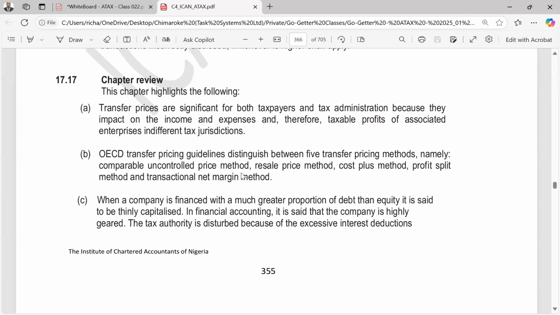And there are ways in which they will use transfer pricing as a tool to manipulate dividends, manipulate tax, manipulate customs duties, and all that. So it's also a manipulation tool by these multinationals. That's why the OECD has provided tax guiding regulations to help curb some of these things.